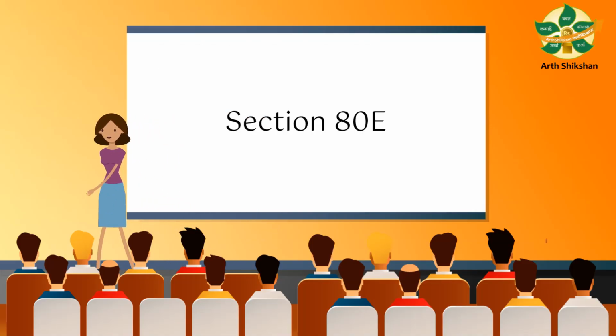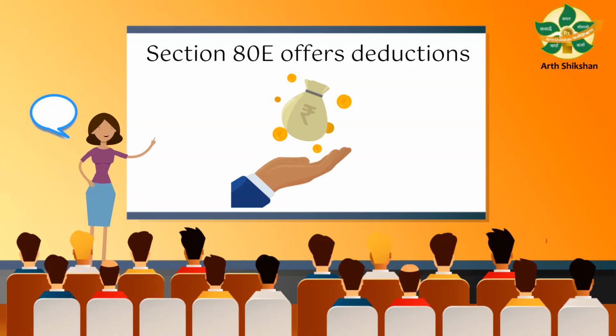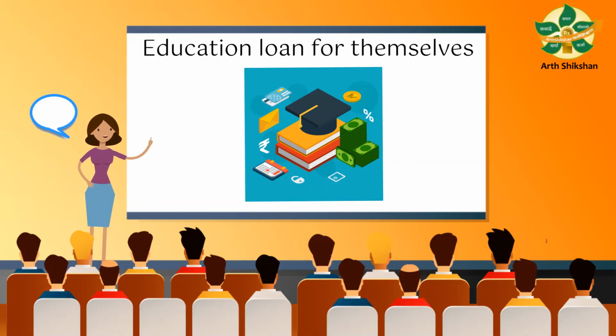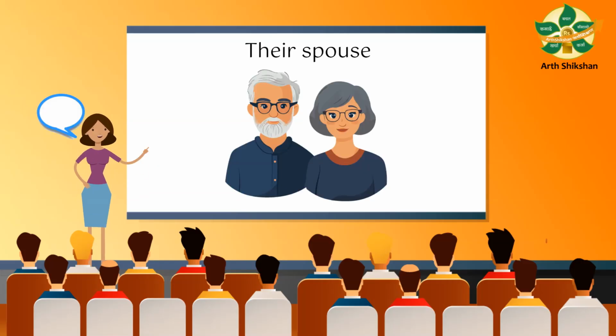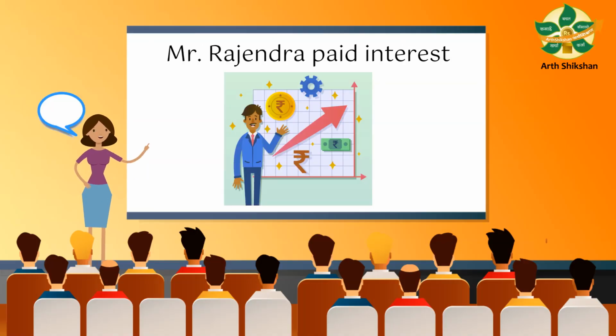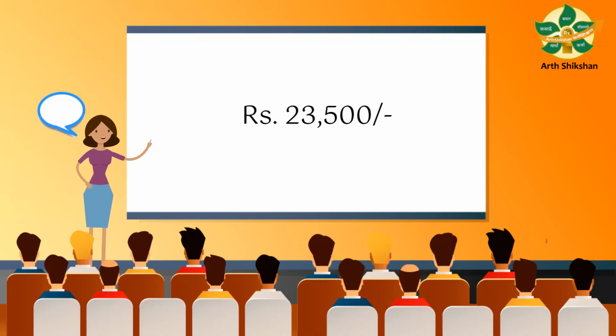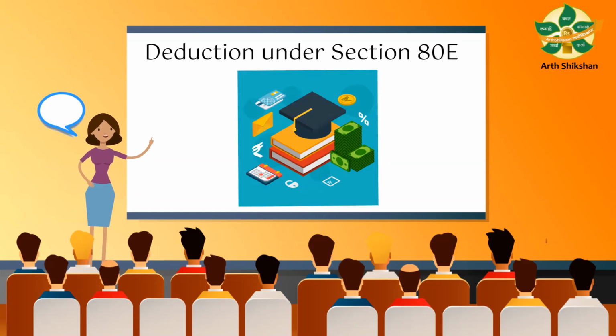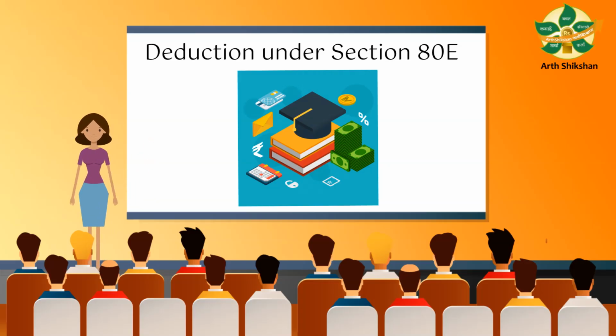Section 80E provides deductions for any Indian citizen who takes an education loan for themselves, their spouse, their children, or a student for whom they are legal guardian. In Mr. Rajendra's case, he paid an interest of Rs 23,500 for pursuing higher education, for which he can claim a deduction under Section 80E.